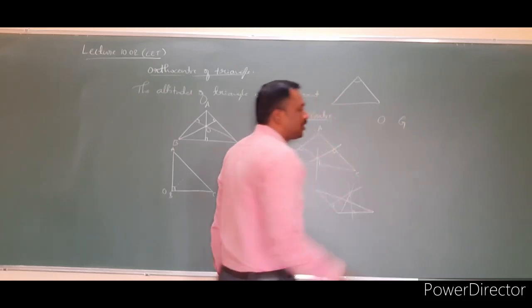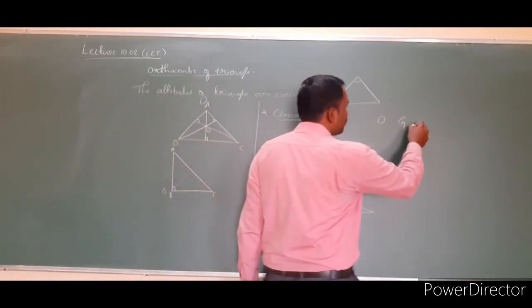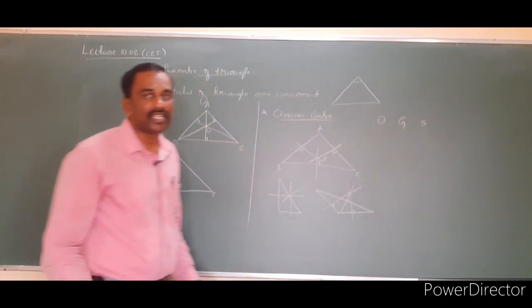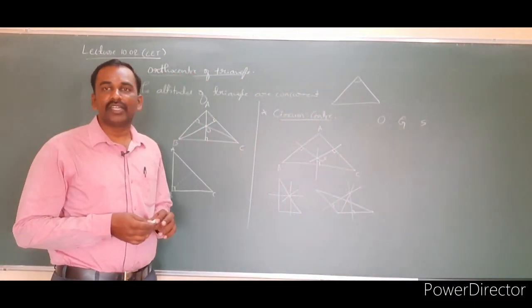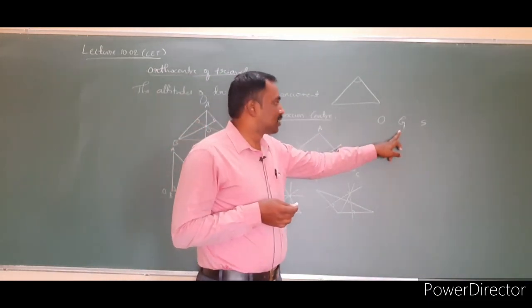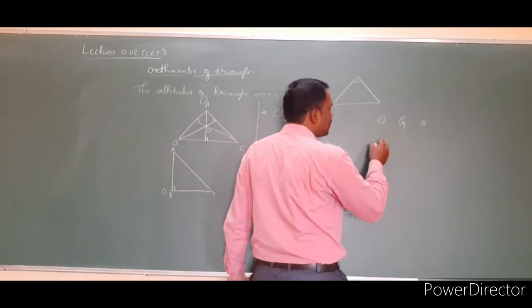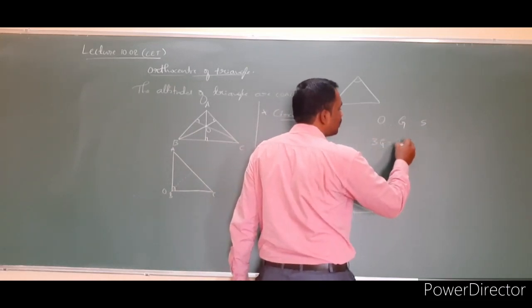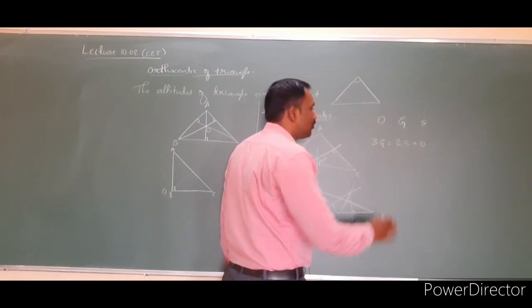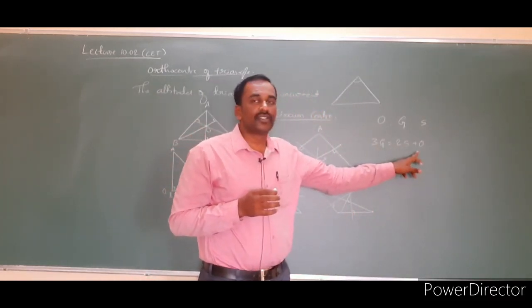G is the centroid of the triangle, and the circumcenter is always denoted by S. The relation between the orthocenter, centroid and circumcenter of the triangle is 3G equals 2S plus O. These 3 points lie on the same line, they are collinear.